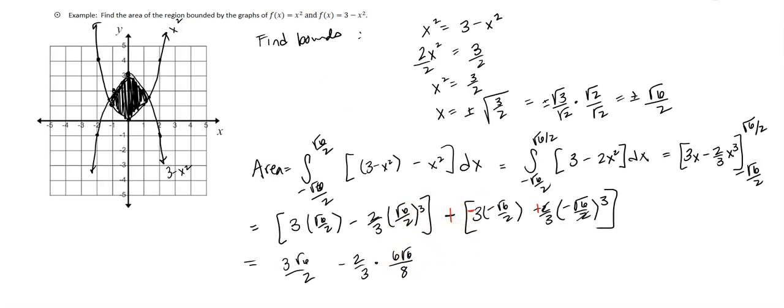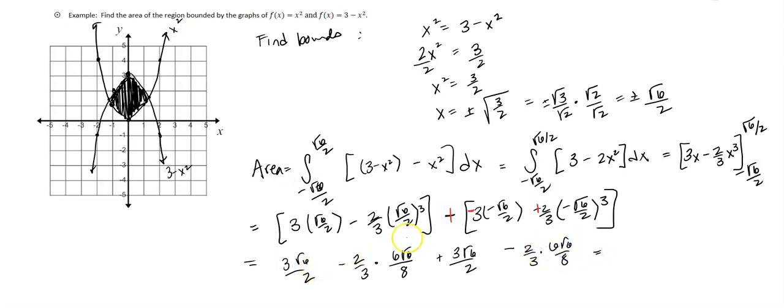We're going to distribute our negative here. So we will have minus 3 times negative square root of 6, which gives me plus 3 square root of 6 over 2. And then the same kind of deal here. We're going to have a positive here, and then this one will be cubed. So this will end up being negative 2/3 times 6 square root of 6 over 8.